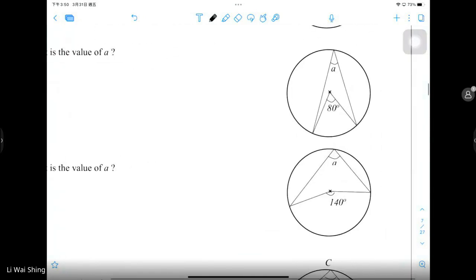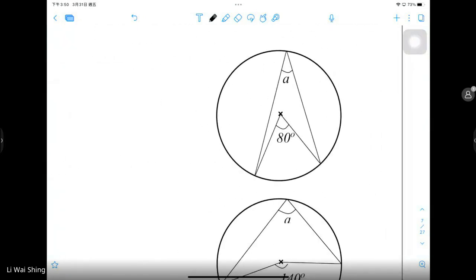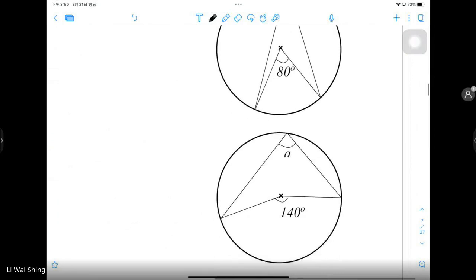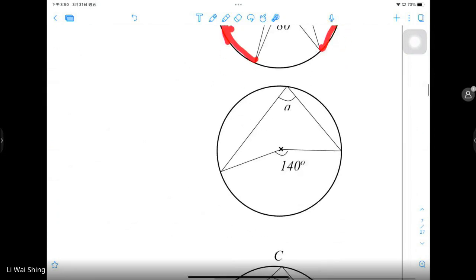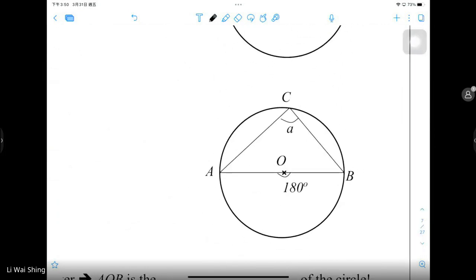Alright, from this shape here, what is the size of A? 40, half of it, right? And then I make the angle at center larger to 140. What is the size of A? 70. If I keep enlarging it until it is 180, what is the size of A? 90. Alright?